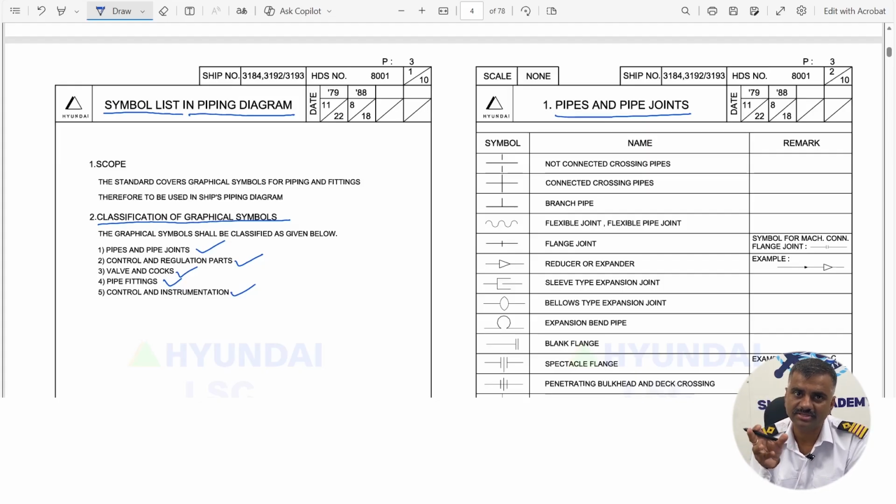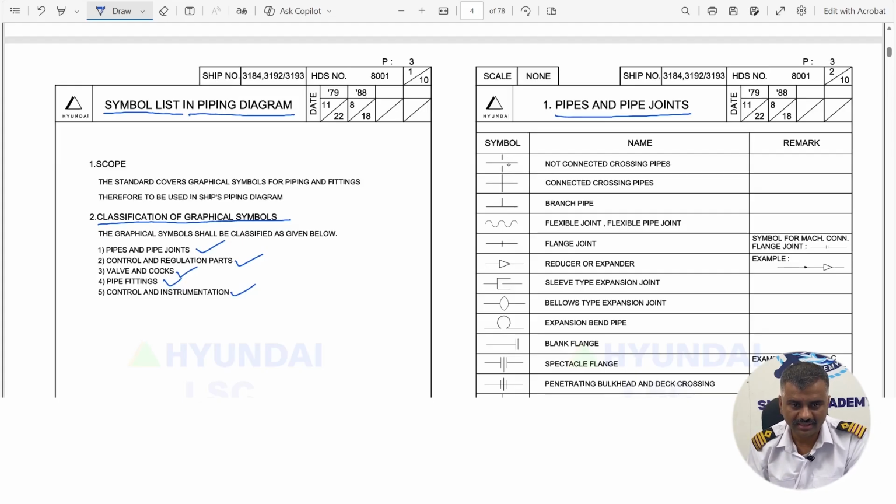Especially when you are a junior engineer and you are going to trace the pipelines in the engine room, the first job you are given when you join a vessel is to trace a pipeline. So when you have these ideas about the symbols, it will be very easy for you to locate what the pipeline or the symbol looks like.